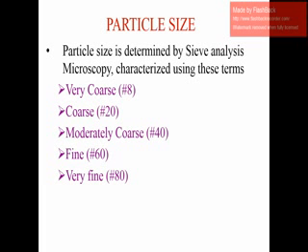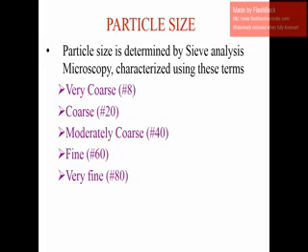Now particle size. Generally particle size is determined by different methods. Basically in the lab we are using sieve analysis and microscopy. When we are using sieve analysis or microscopy, generally we are categorizing your particles into different size ranges: very coarse, coarse, moderately coarse, fine, very fine.